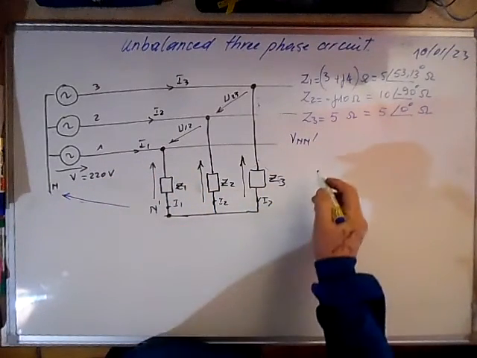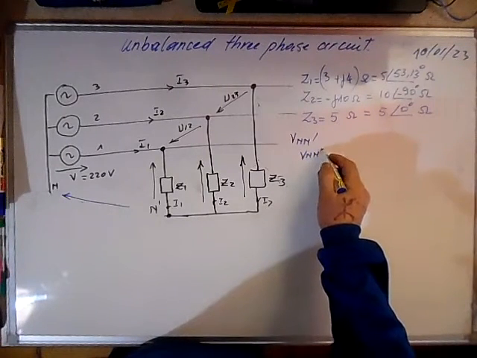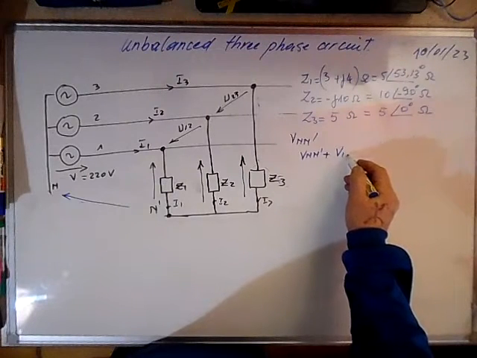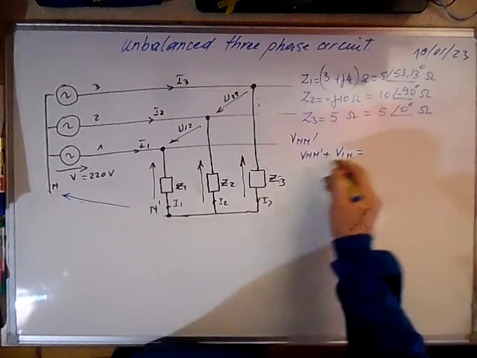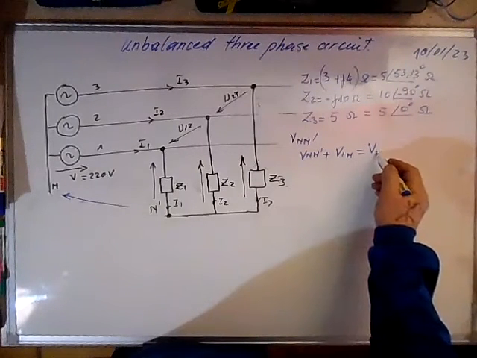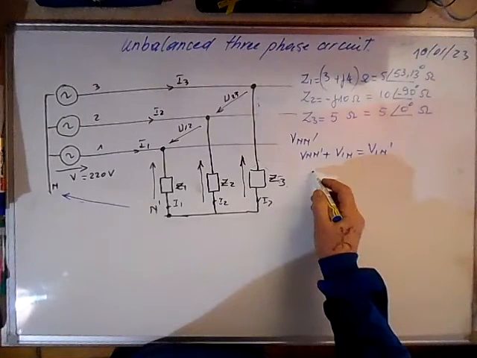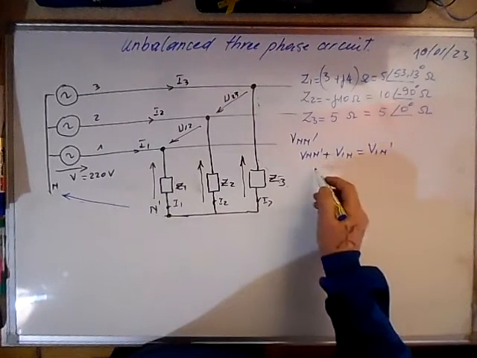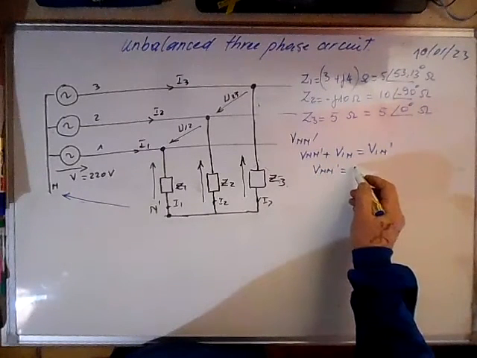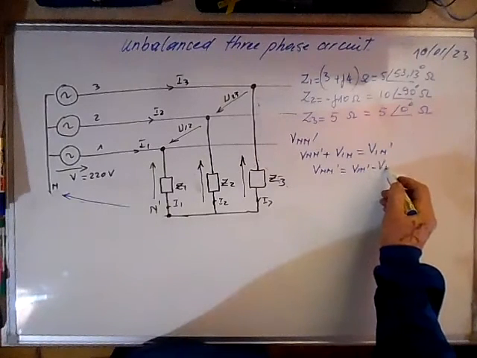So we can write that Vn n prime plus V1 n is equal to V1 n prime, and what we have to calculate is Vn n prime, which will be equal to V1 n prime minus V1 n.